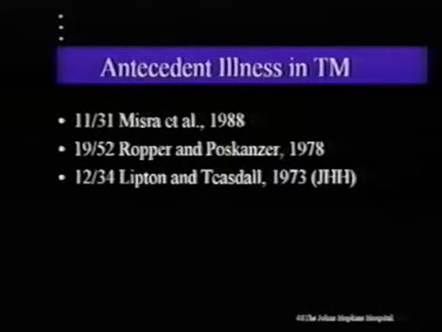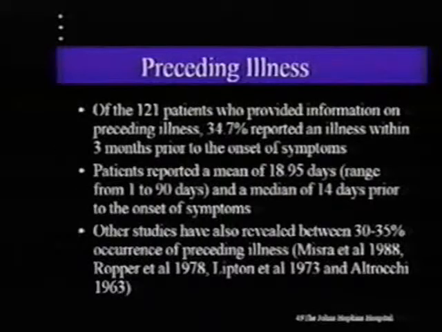How many of you have had an antecedent illness, something that came first, an upper respiratory tract infection, a diarrheal illness? Basically about 1/3 in most studies. We're about the same. So we found about 35% of patients had reported an upper respiratory tract or a diarrheal illness within 3 months prior to the onset of symptoms.